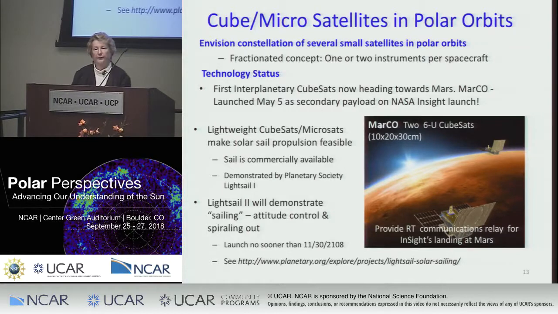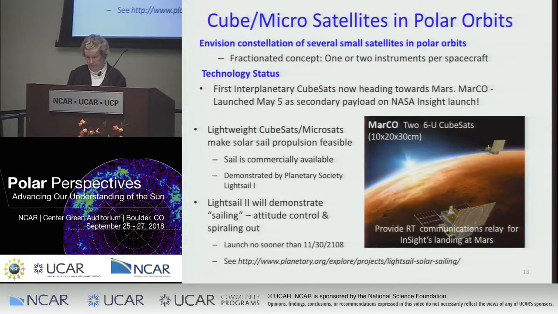Also, solar sail technology has now developed for much smaller satellites, and again, Les will talk about this. Here I'm referencing LightSail 1, which is a Planetary Society CubeSat that demonstrated sail deployment, and they have one that will demonstrate actual sailing and sail control, launching on the next Falcon Heavy.